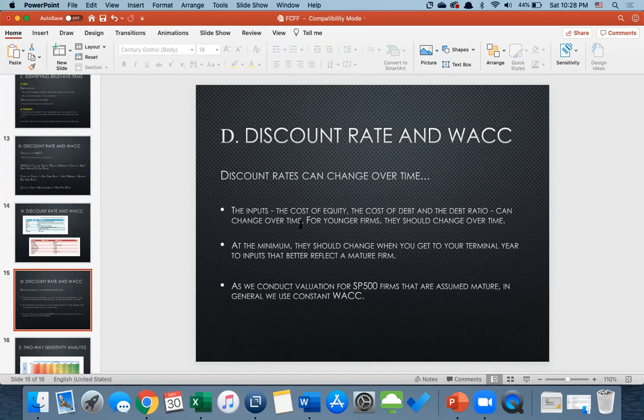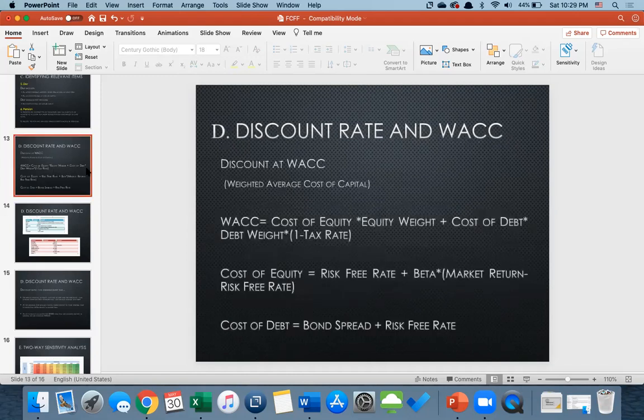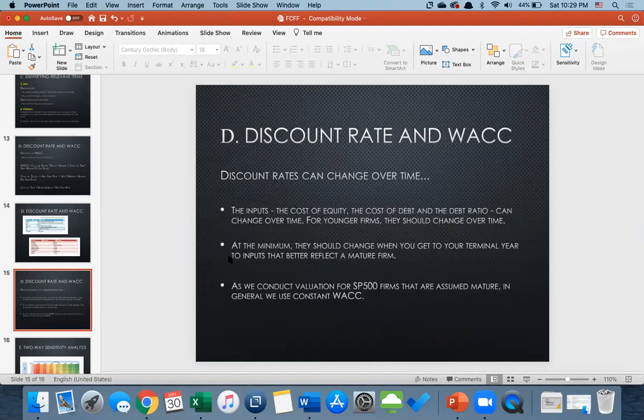The inputs of the WACC, the cost of equity, cost of debt, and also the weights could change over time, especially for younger firms.